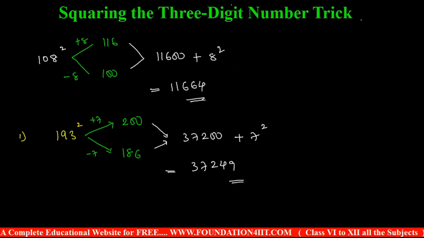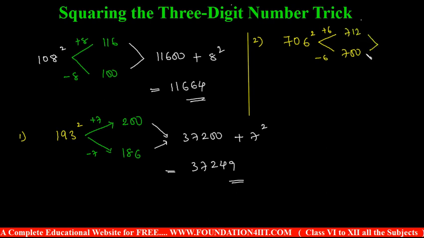The same logic we apply for all the remaining ones also. Need a little practice. Let us see another one. If it is 706, what can we do? Near 700 we can take, that is plus or minus 6. On one side it is 700, and 706 plus 6 is 712.